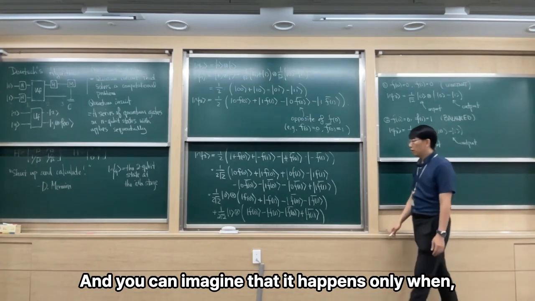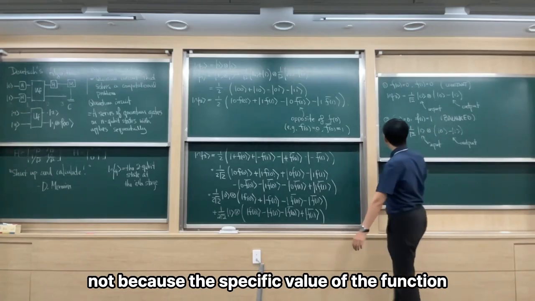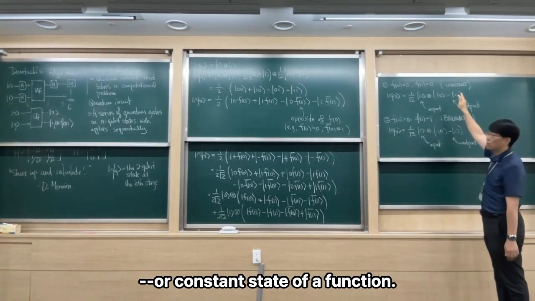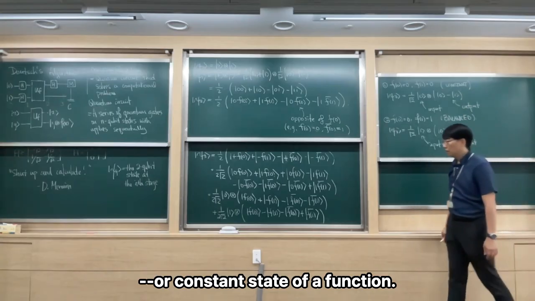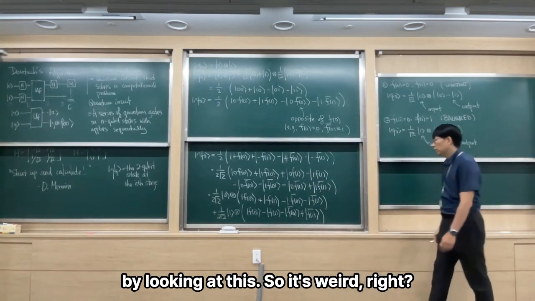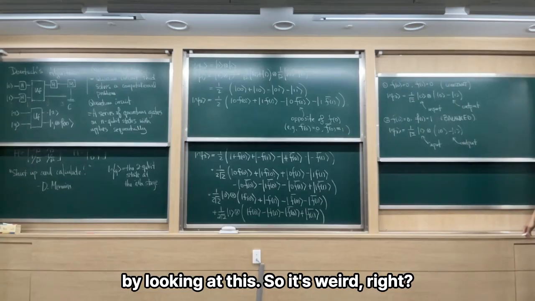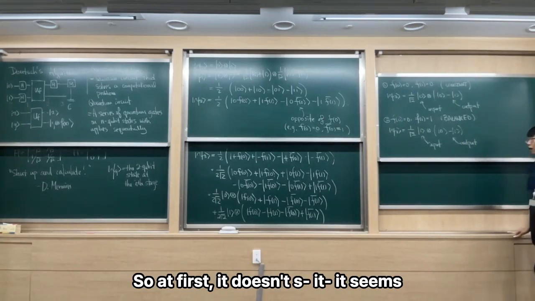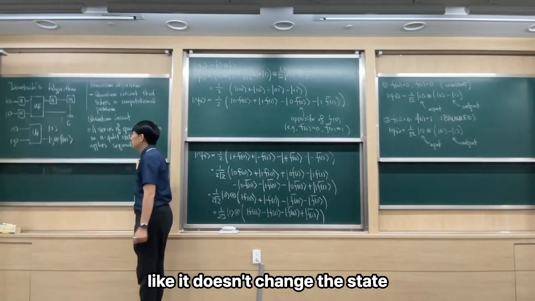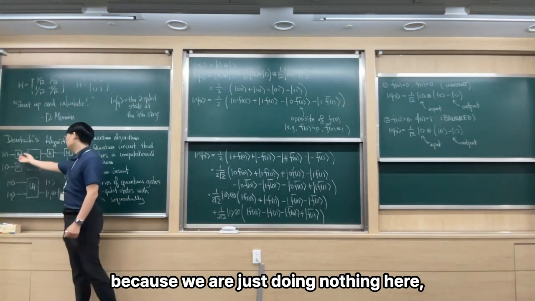And you can imagine that it happens not because of the specific value of the function, but because of the balanced or constant state of the function. So you can see why it's true by looking at this.